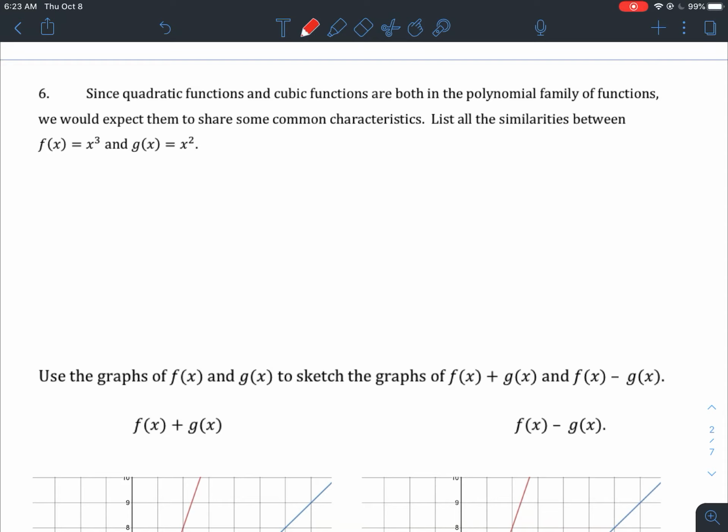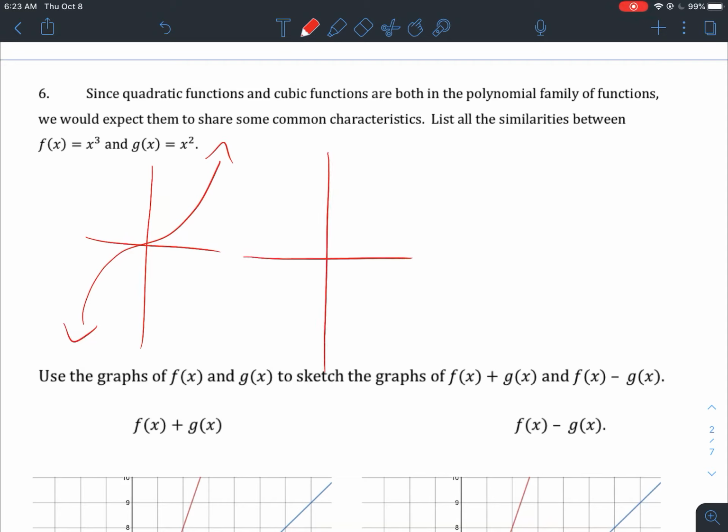Just to reiterate, x cubed we graphed looked like this, and x squared looks like this. One thing they have in common is they both have the same x and y intercept when not transformed. They also both have the same domain, which is -infinity to +infinity.